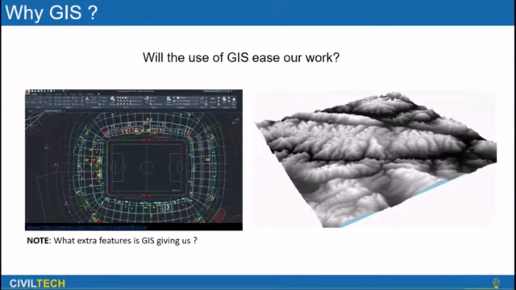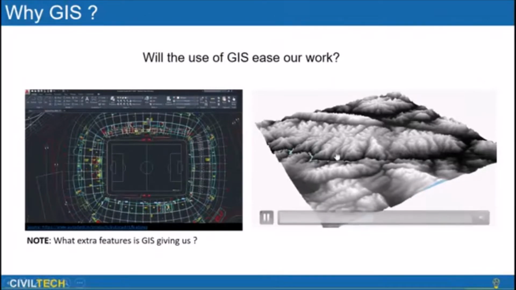But how exactly is GIS different from AutoCAD? Let us try to understand it with a small example. On the right side of the screen, we have shown a three-dimensional profile of a particular region in Jammu, right? The major emphasis GIS gives us is scenario analysis.